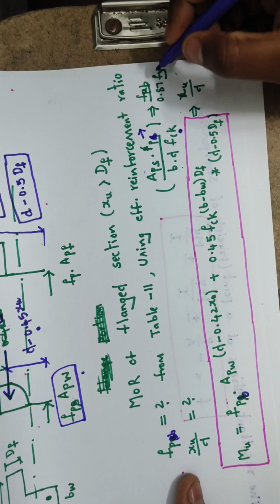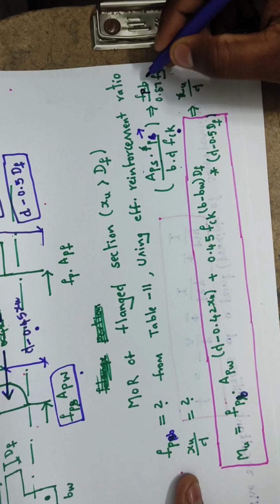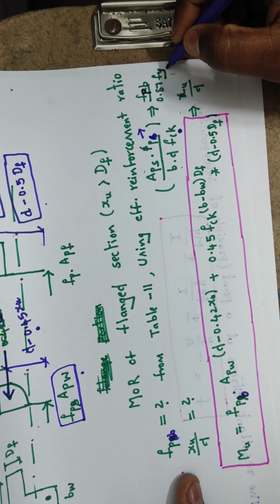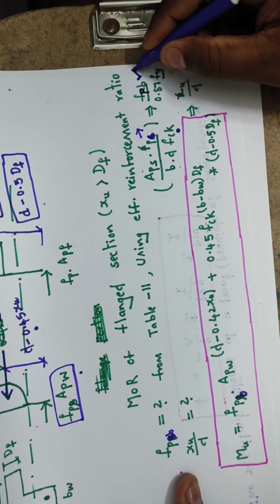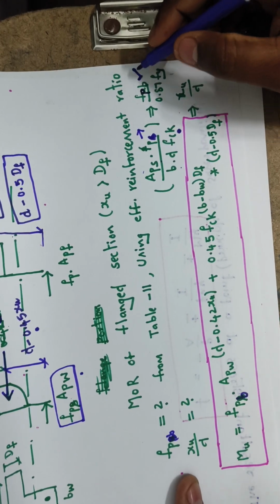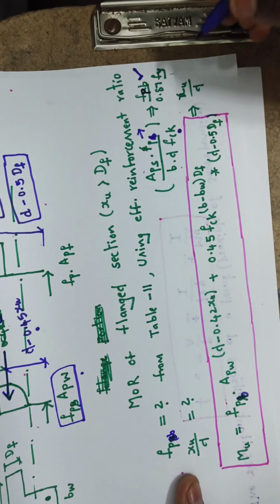With the help of this term, we can determine fpb by 0.87 fpu. Once we know this value, from here we can determine the fpb value. This is what we need to determine, right?